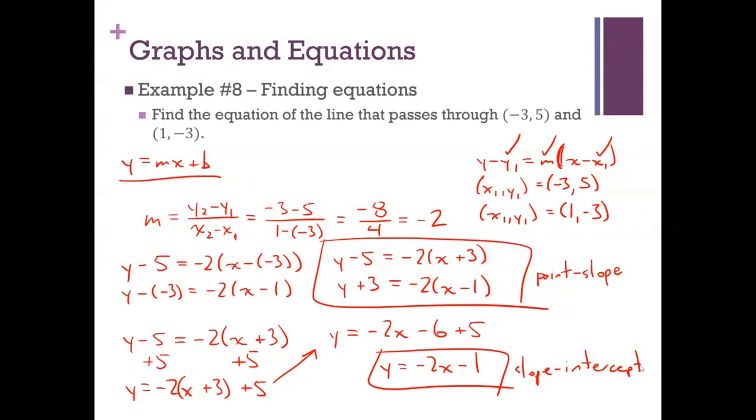And one of the things that we can do is convert. So if we have point slope form, we can convert that to slope intercept form. And the way we do that is by getting y by itself and simplifying the other side of the equation. So that plus 5 is what came from, you see it? Okay.